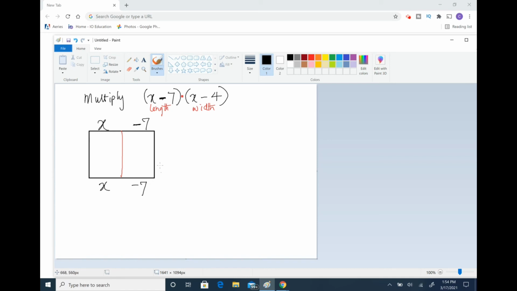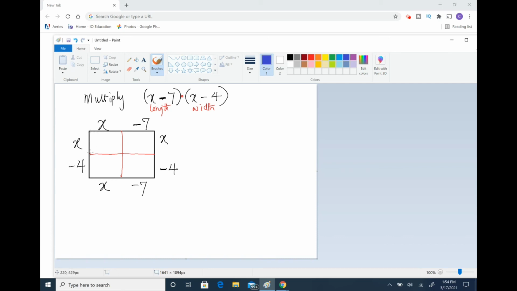And then on the side, for my width, I have x minus 4, which is negative 4. And that splits my rectangle this way, and this is also the same, x and negative 4. So now I just have to find the insides of each individual box, and I'm done.